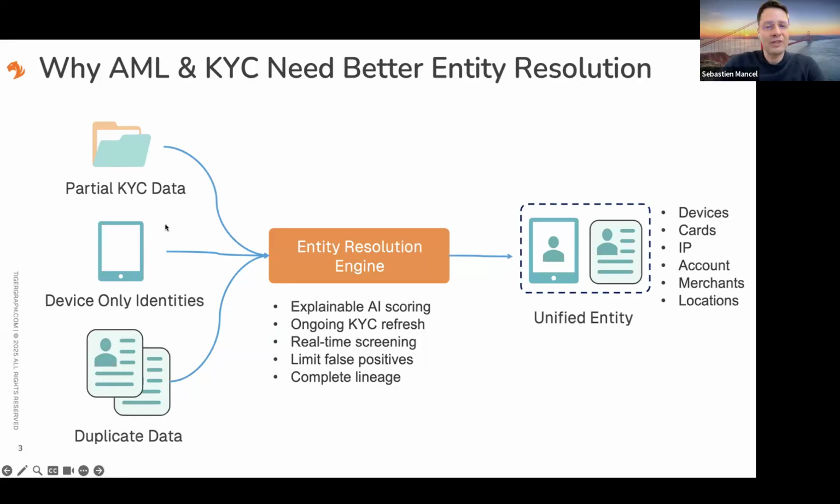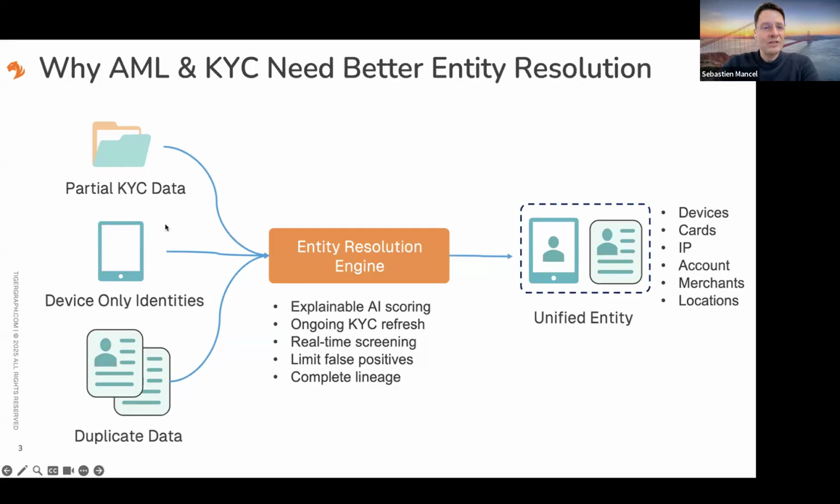And on the right-hand side, we see the payoff, a unified entity that brings together every relationship across devices, accounts, IPs, merchants, and locations. Now, this unified view is what drives high precision, fewer false positives, and full lineage. And that's exactly what regulators expect today.